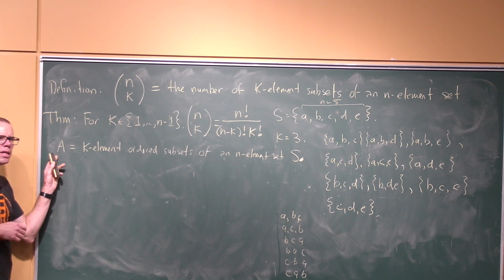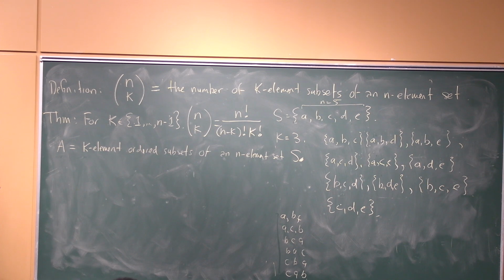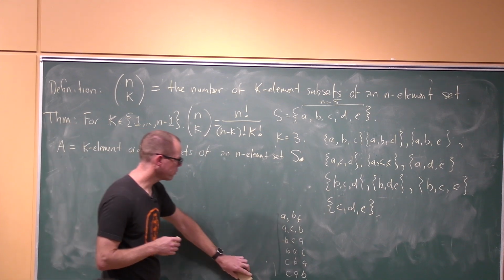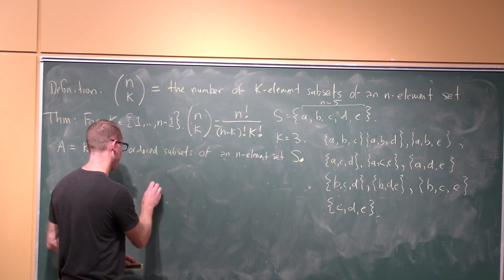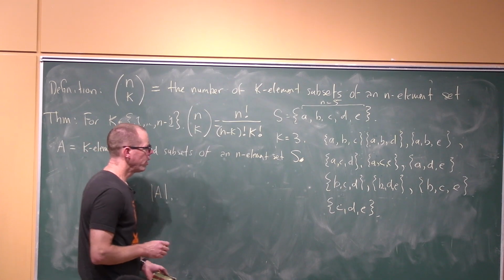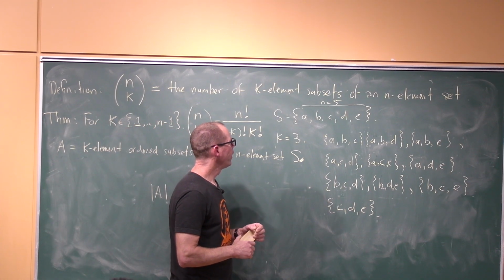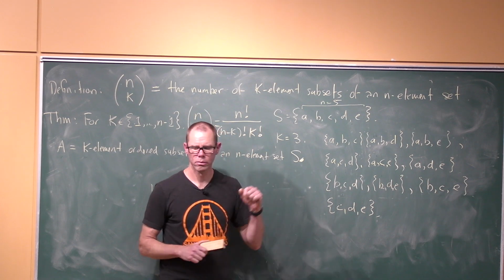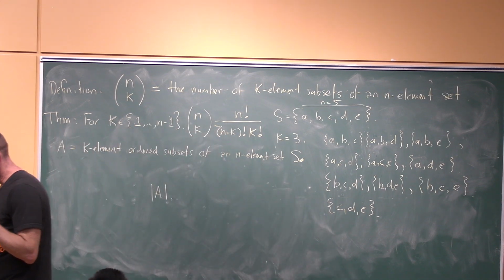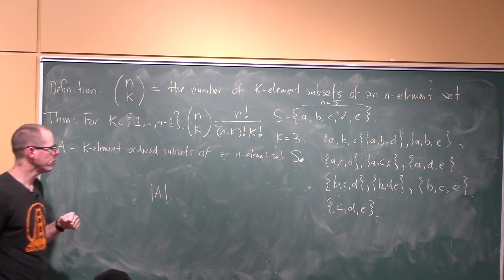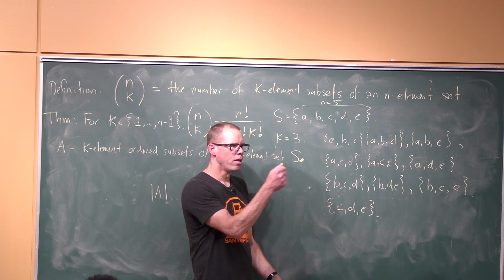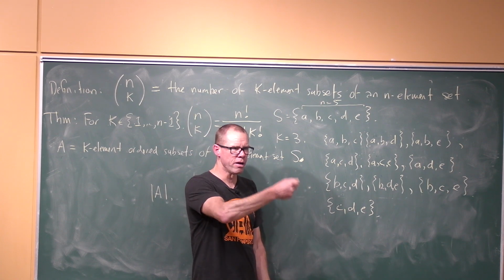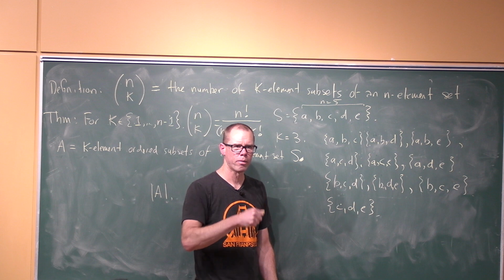So that's the set A, this thing that's going to be sandwiched in the middle of this double counting that we're going to compute the size of two different ways. Okay. So if I want an ordered, let's say, for concreteness, three-element set of S. So that means I want three different things from S, taken in order.